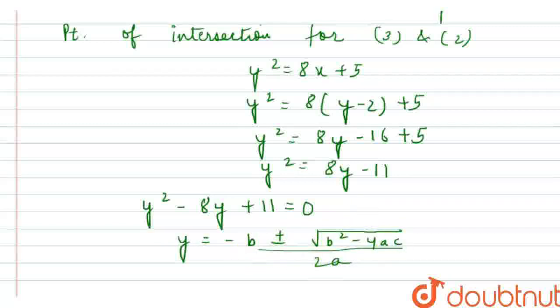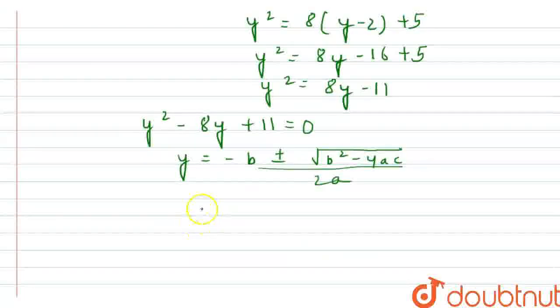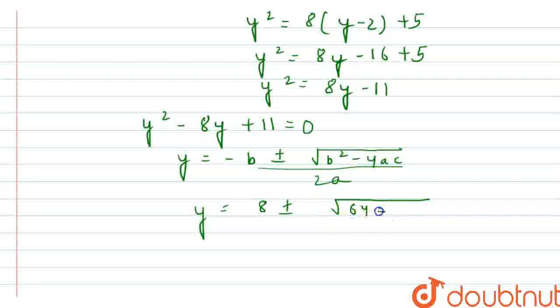So let's calculate it further. y is equal to, b is minus 8, so it would be 8 plus minus under root of square of 8 is 64 minus 4 into a into c, which turns out to be 44, in the denominator it would be 2 only because the value of a is 1 here. Solving it further, I get 8 plus minus under the root of 20 upon 2.